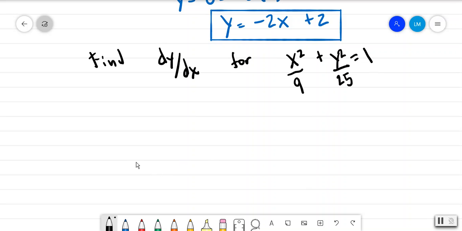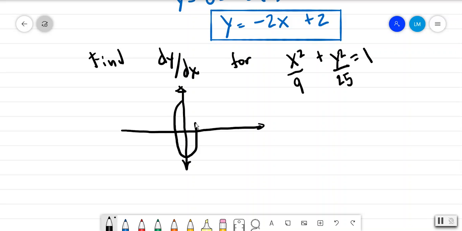So if you were going to draw this in the x and y plane, you would find that there's a minor axis of 3 and a major axis of 5. So essentially you would have something like this. You could say this is negative 3, this is 3, this is 5, and this is negative 5.